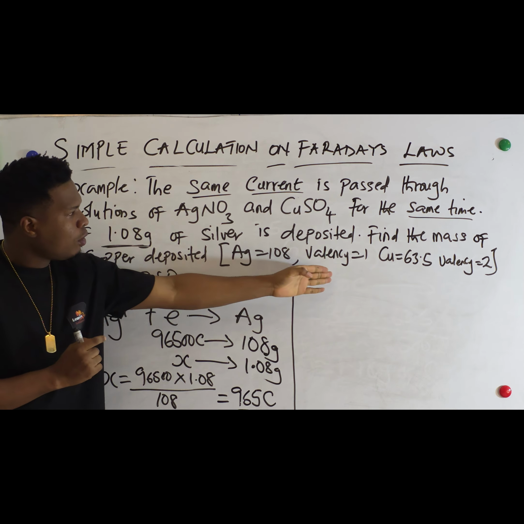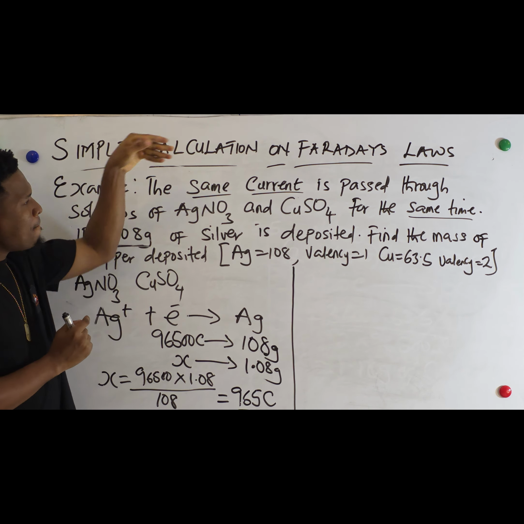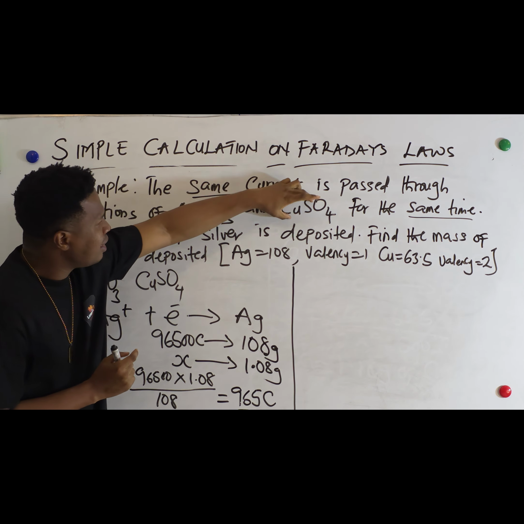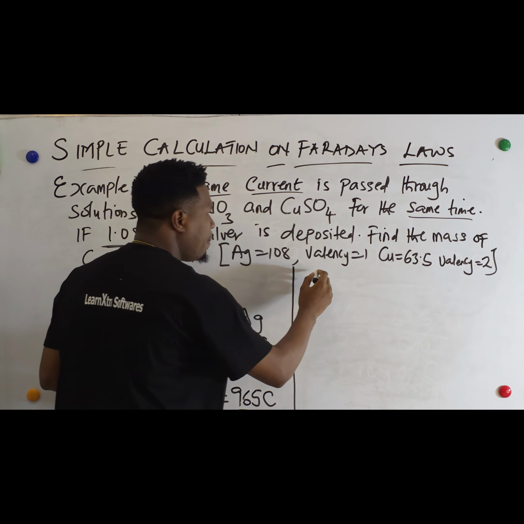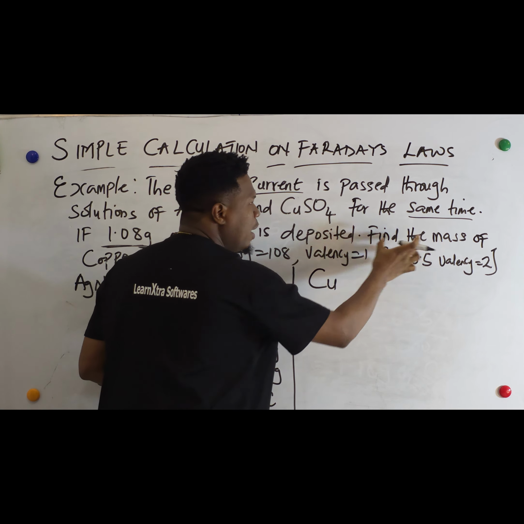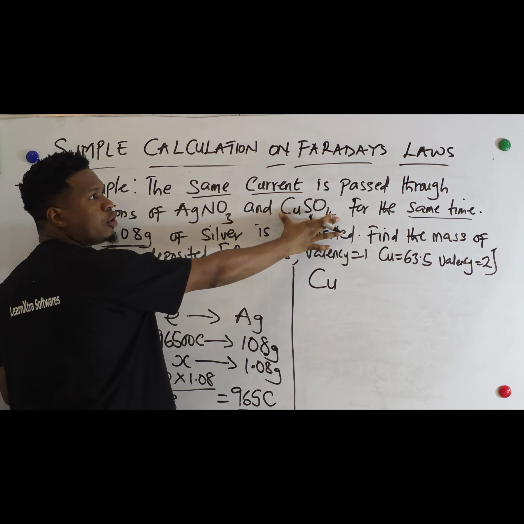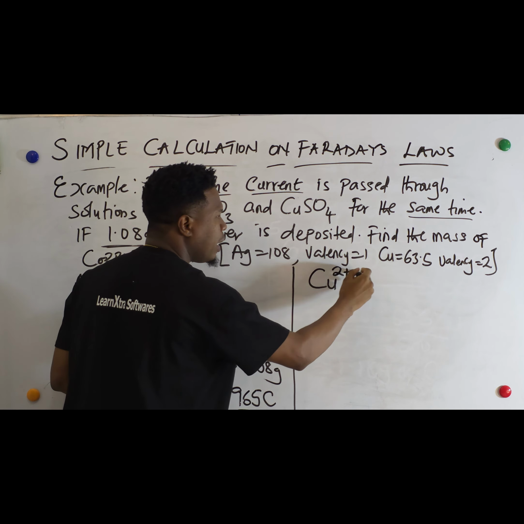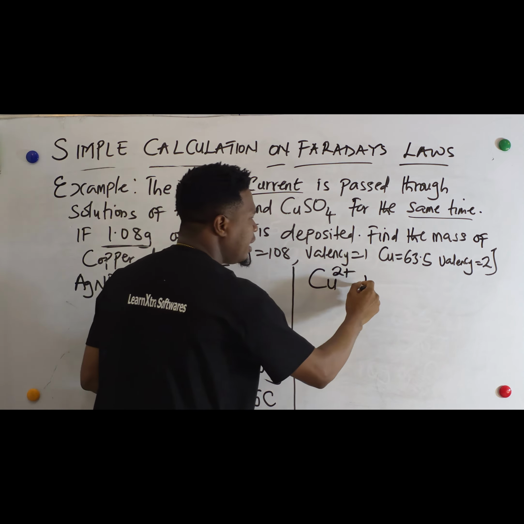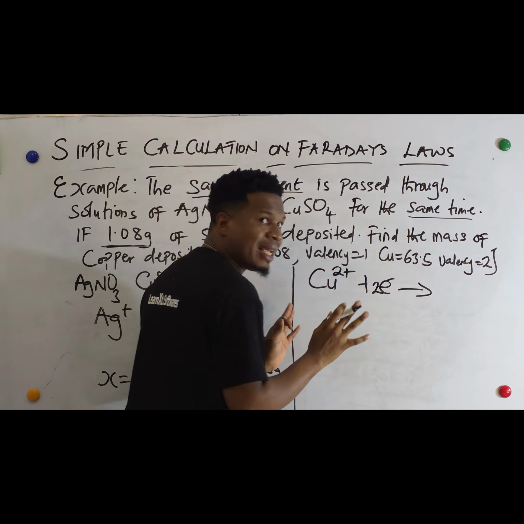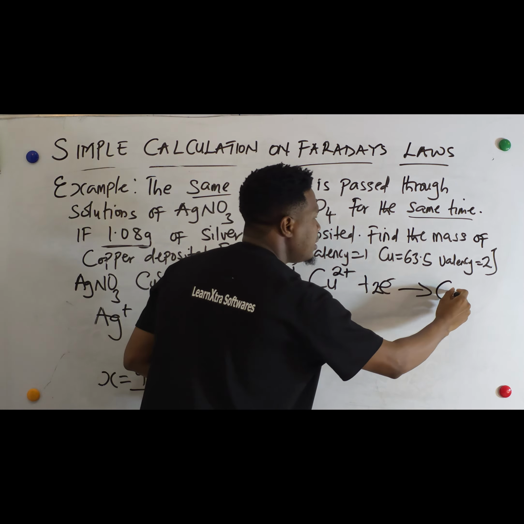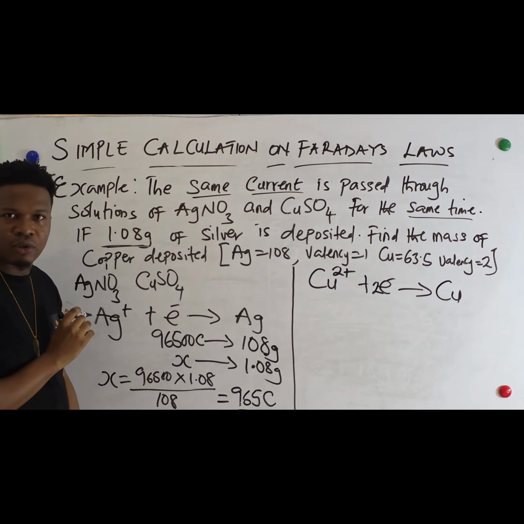So now, quickly, let's get the mass of copper that is deposited, which is what we are looking for. How do we get it? We come back to copper. Remember again that when copper goes into solution in this compound, it forms the copper 2 ion, which will accept 2 electrons when it is being electrolyzed in the solution to deposit a copper atom at the cathode.